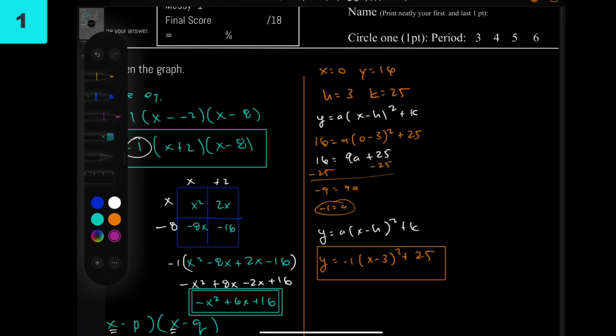And then you're going to expand this part. So x minus 3's, multiply then add. Okay, you have to take the opposite of that and then add 25.